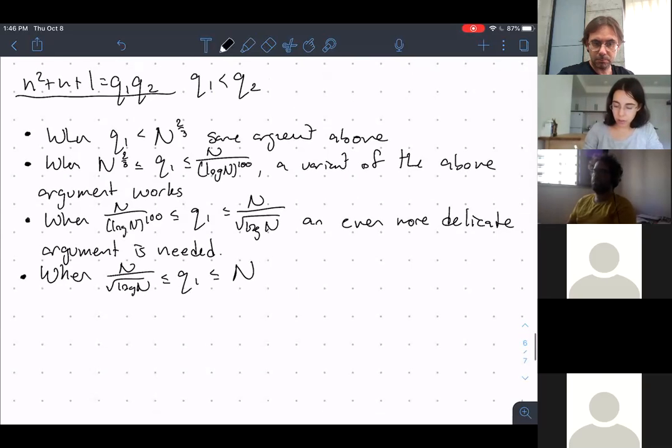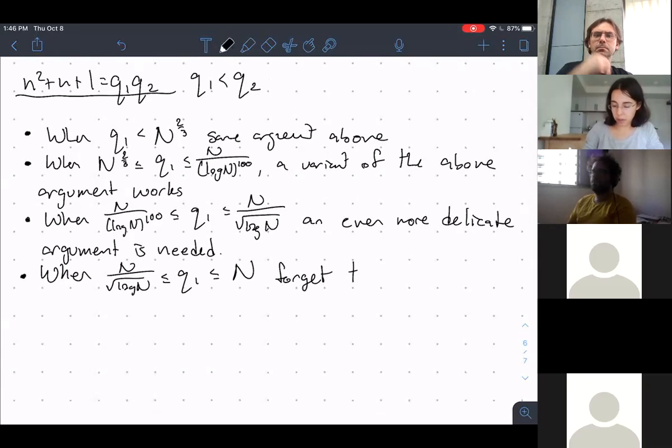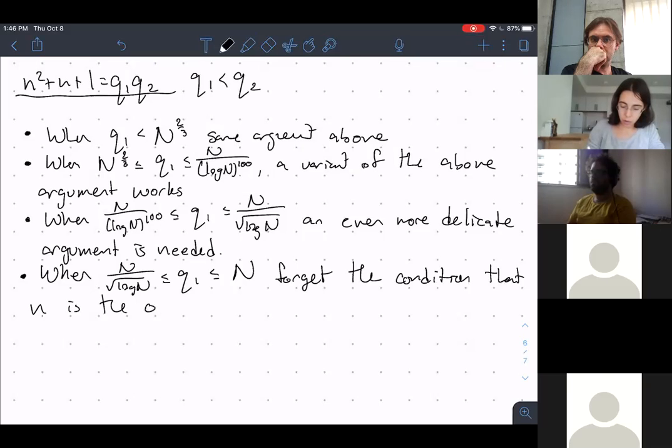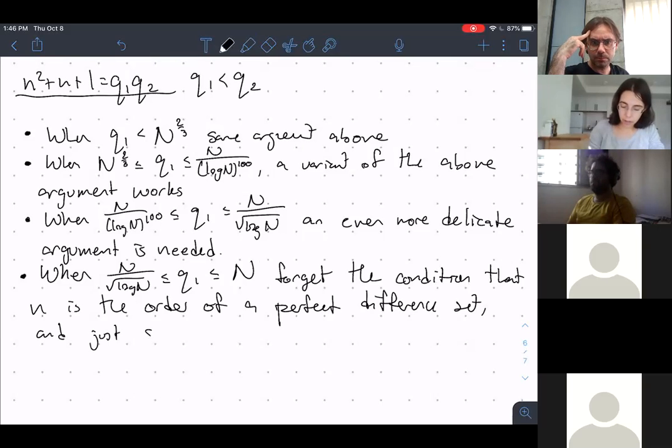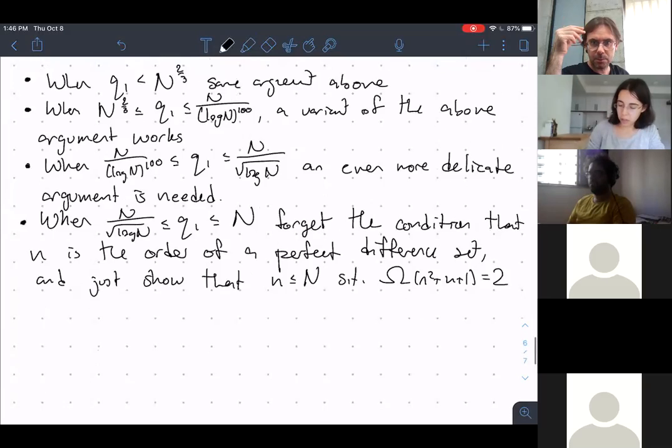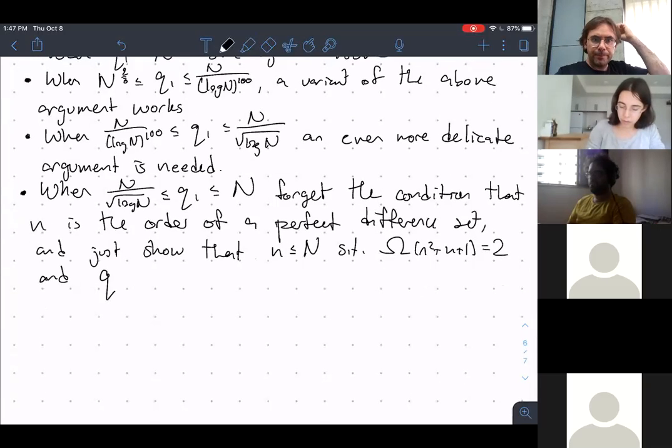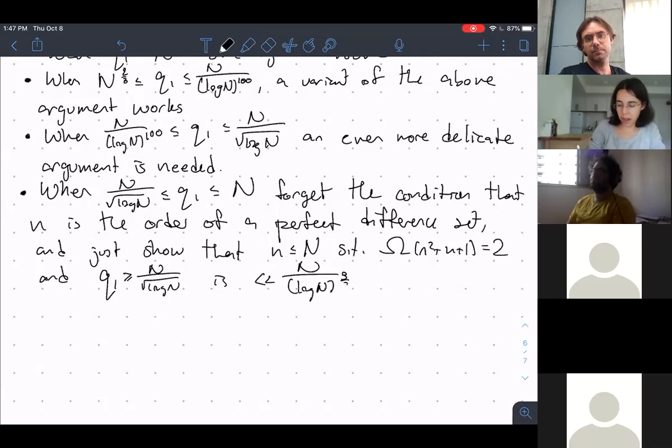So what I have to do is to actually forget the condition that n is the order of a perfect difference set, and just show that the number of little n below big N, such that n squared plus n plus 1 is a product of two primes, and Q1 is bigger than n divided by square root log n, is just smaller than N divided by (log N)^(3/2).